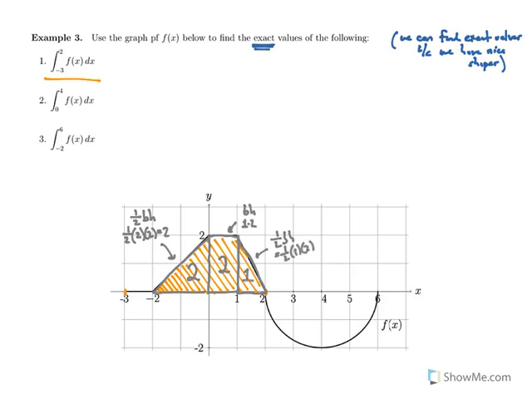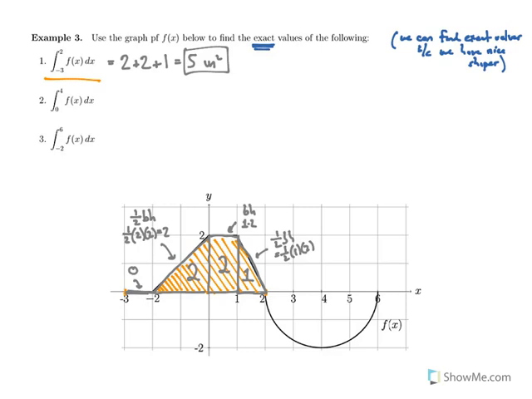That's just going to be a 1. So if we're adding all those together, we're always positive. We're above the x-axis. This first is going to be 2 plus 2 plus 1 is 5 units squared, and that is exactly the value. Notice that we had a 0 area for that first chunk because it was just on the x-axis. There's no area there.